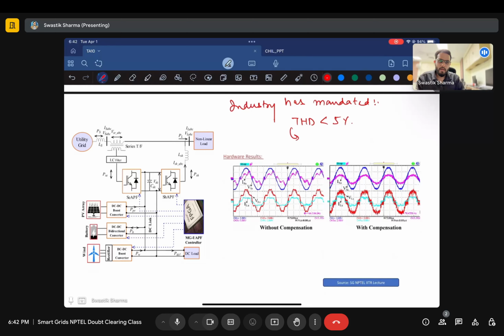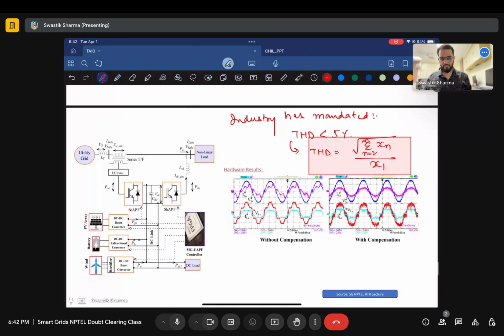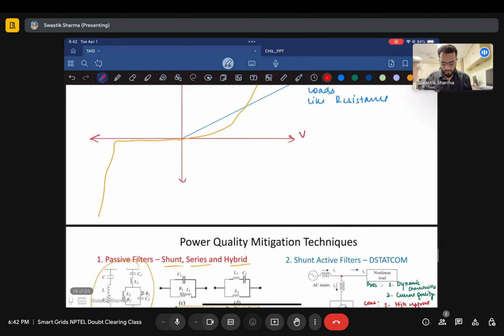THD is called total harmonic distortion, which is measured as THD equals the square root of the summation from n equals 2 to infinity of Xn over X1. So how much the contribution is from the harmonics compared to the fundamental component, right?